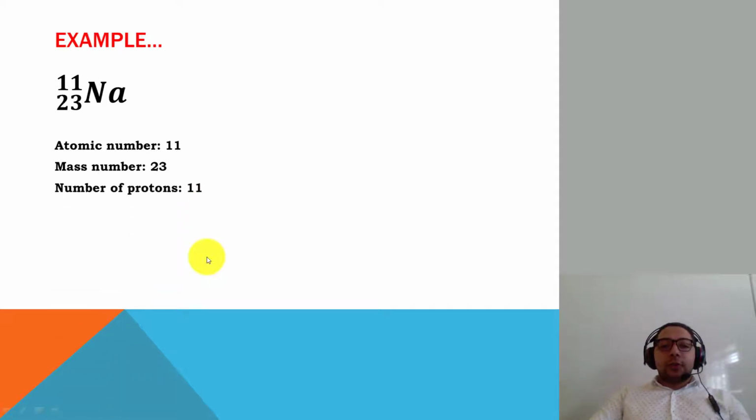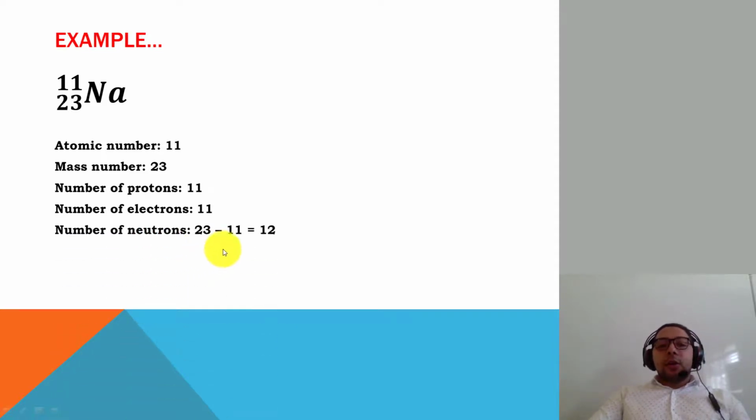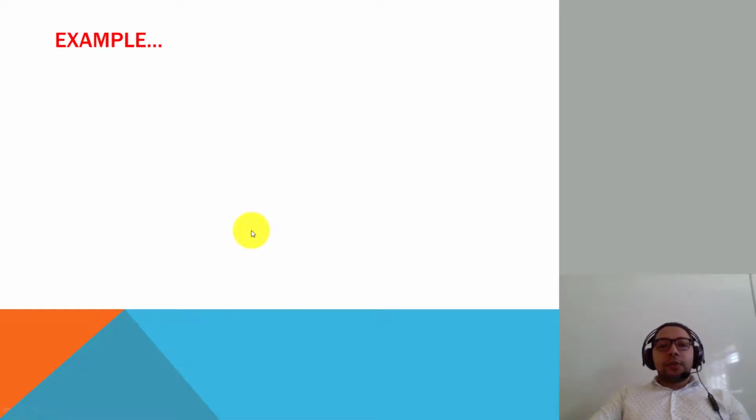So the number of protons is 11, exactly as the atomic number. The number of electrons is 11, exactly as the number of protons and the atomic number. And for the number of neutrons, 23 minus 11 gives you 12 neutrons. Perfect. Next example, we have aluminum, 13 and 27.